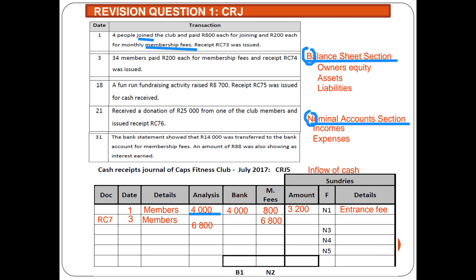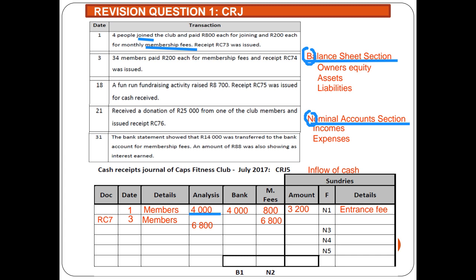So why do we have to record 6,800 in the membership fees rather than record 200? My brother, can you take us through it again, or do you want me to explain? Okay.